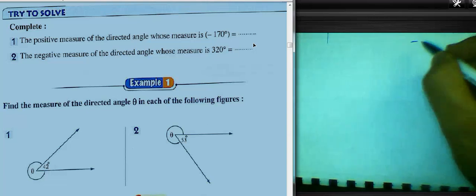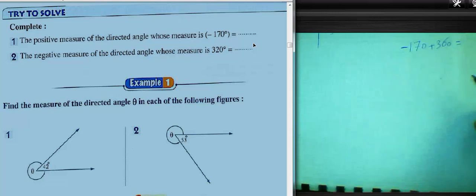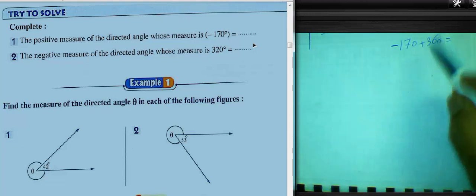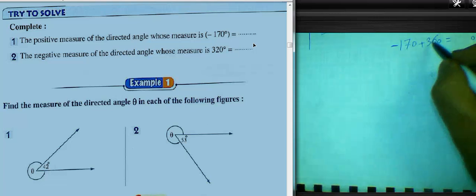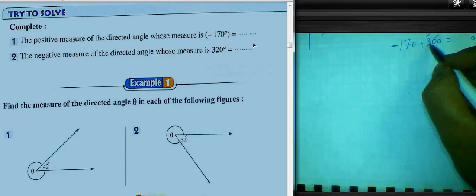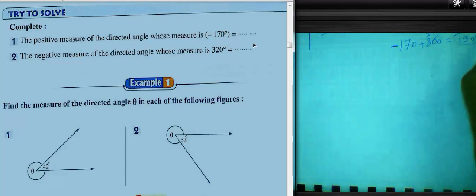So negative 170 plus 360. The result will be 190.